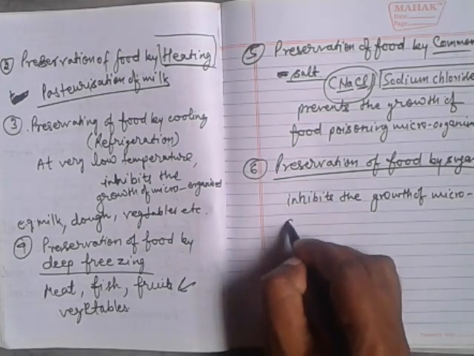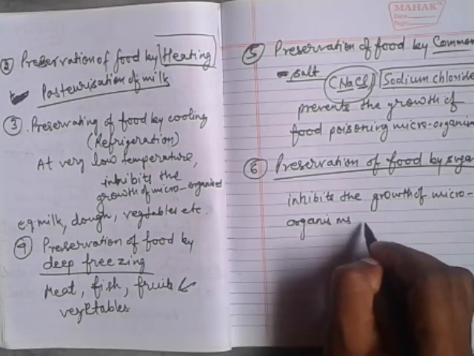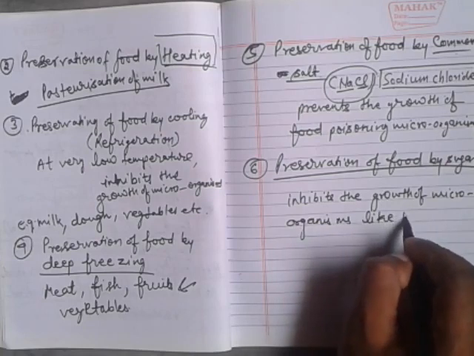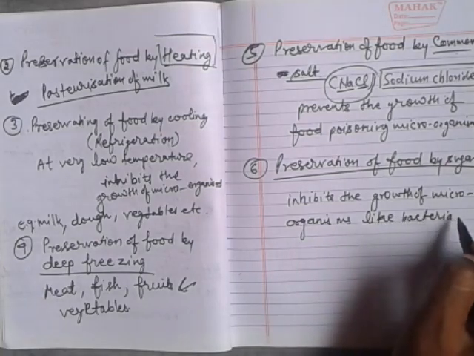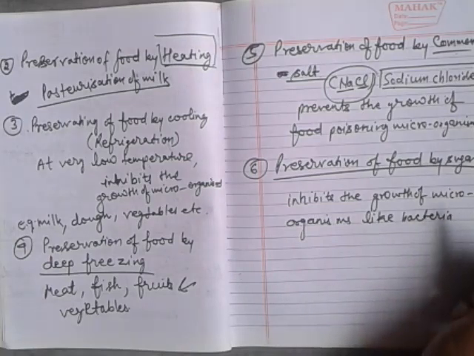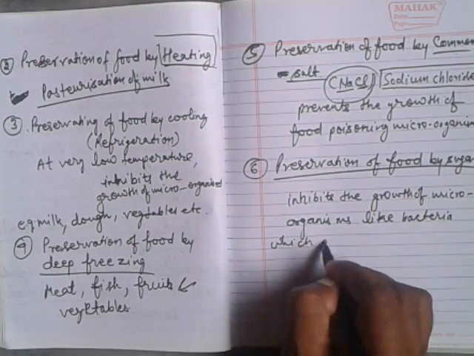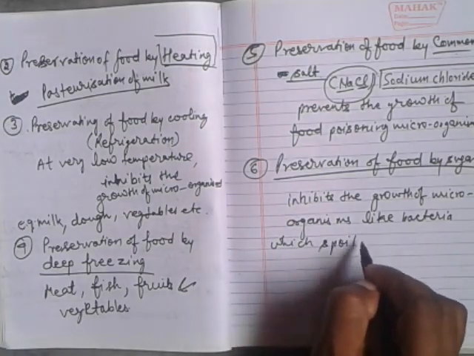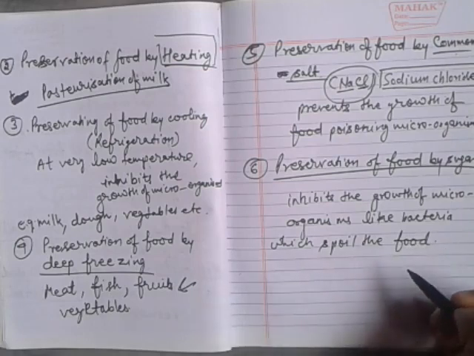Microorganisms like bacteria which spoil the food, and hence we can also preserve the food by using sugar in it.